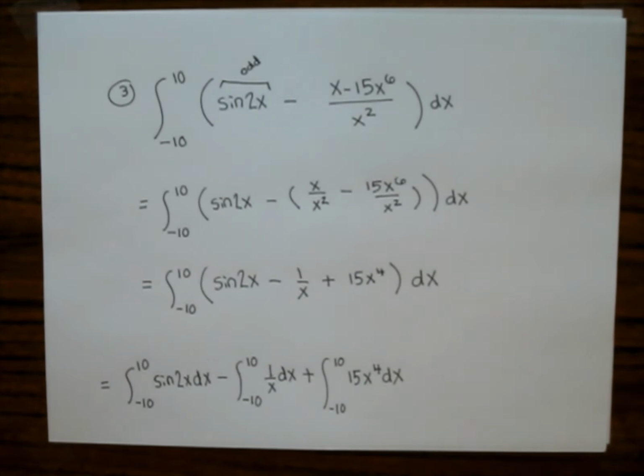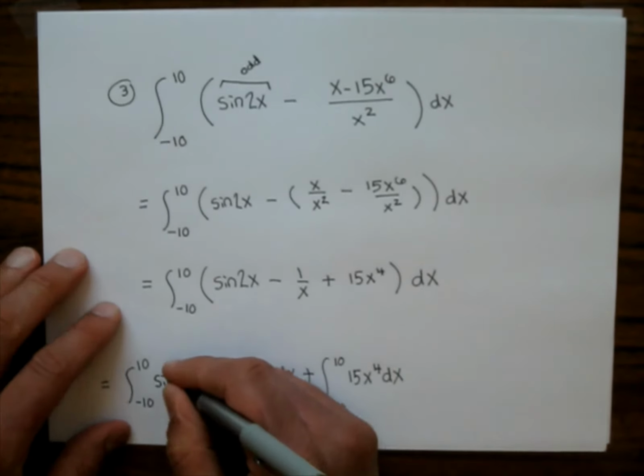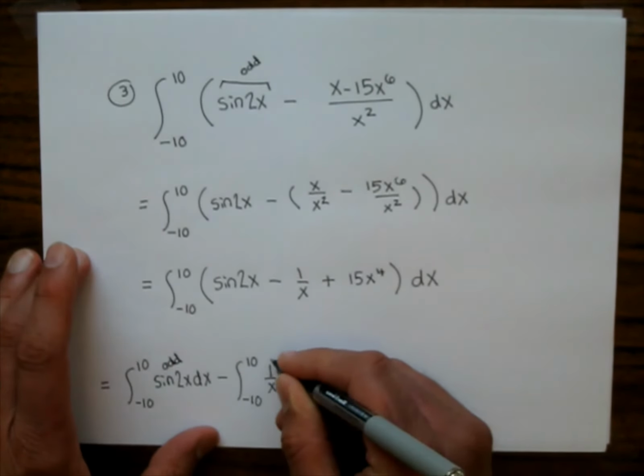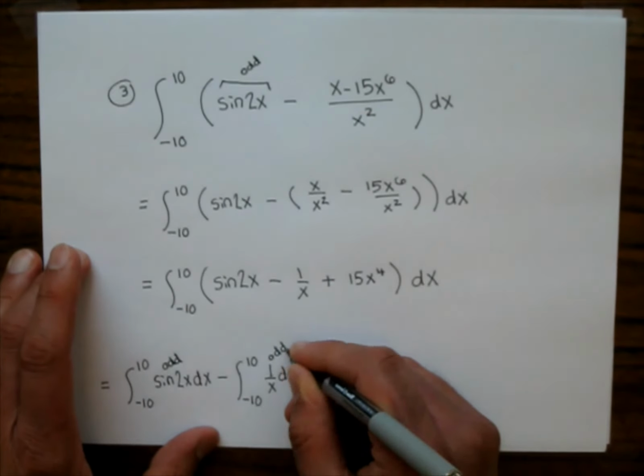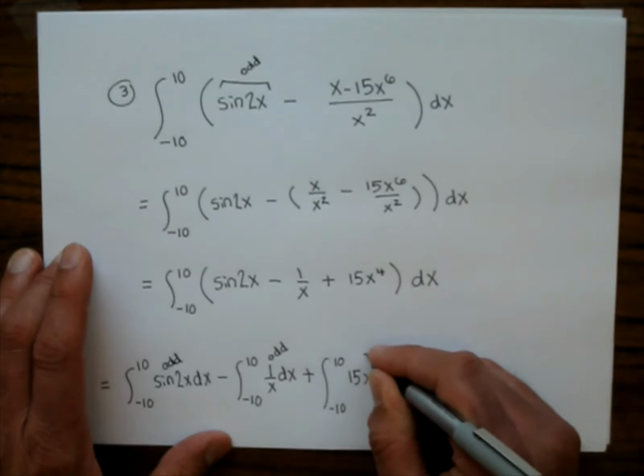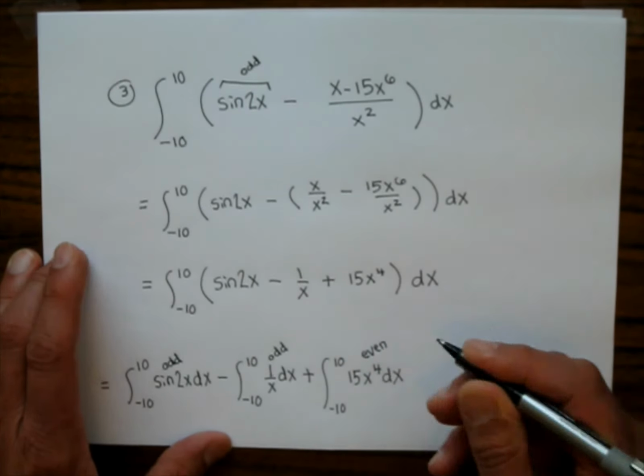Okay, now we can see that this one is odd. This guy right here is also odd, that integrand. And this function right here, 15x to the 4th, that is even.